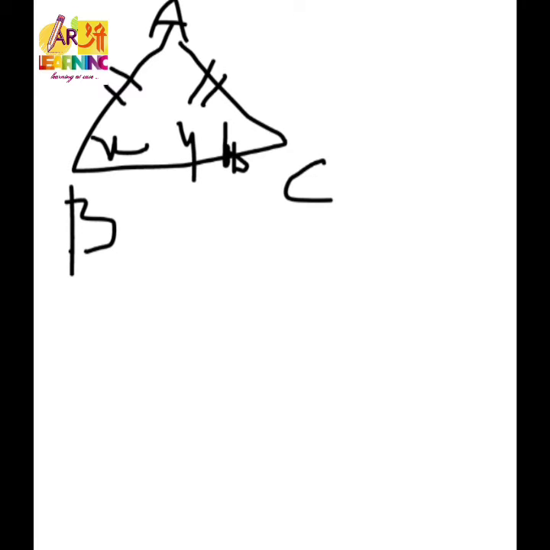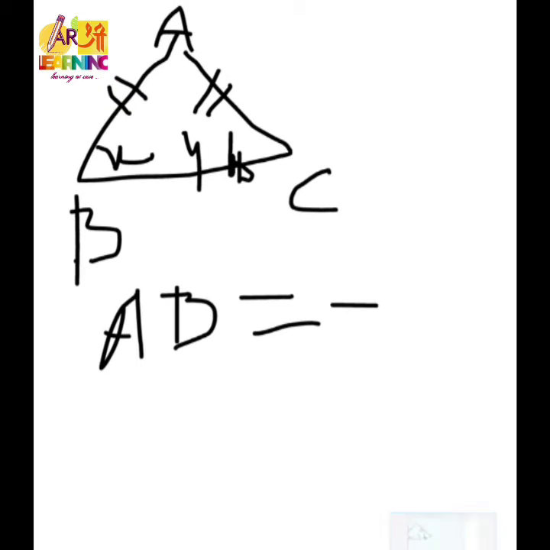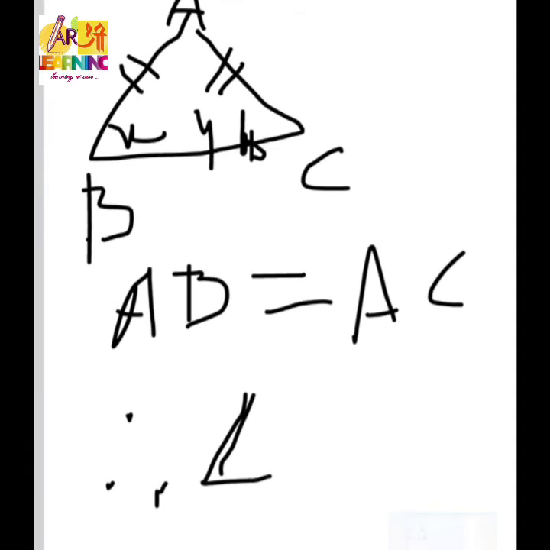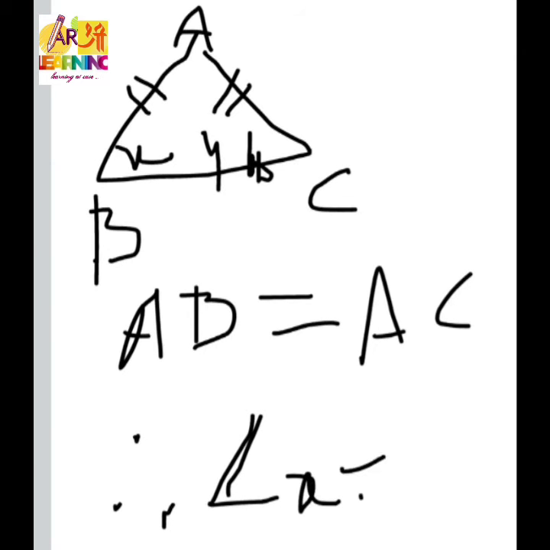In this triangle, AB is equal to AC, therefore directly we can say that angle x is equal to 40 because its two sides are equal. Therefore the triangle is isosceles, so two angles are equal. So the first answer is directly x is equal to 40 degrees.